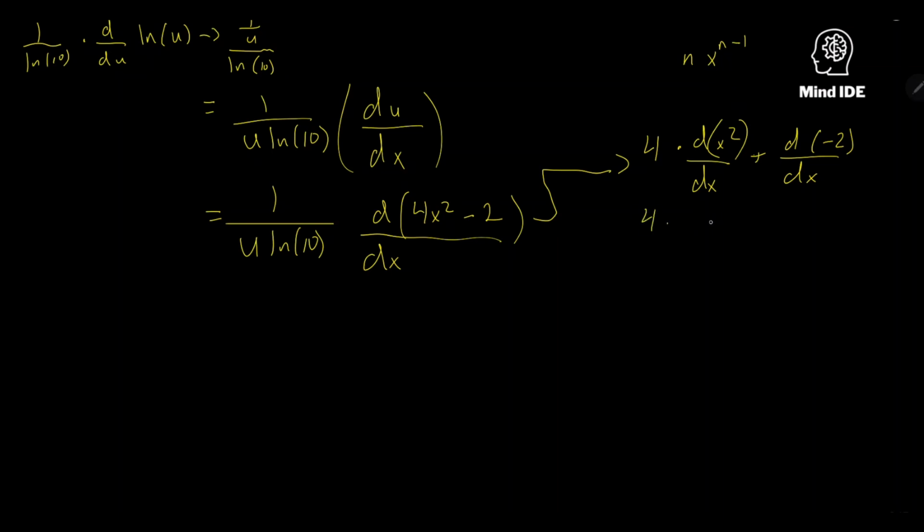So 4 times 2x, and then 2 minus 1 is 1, so it's just x.